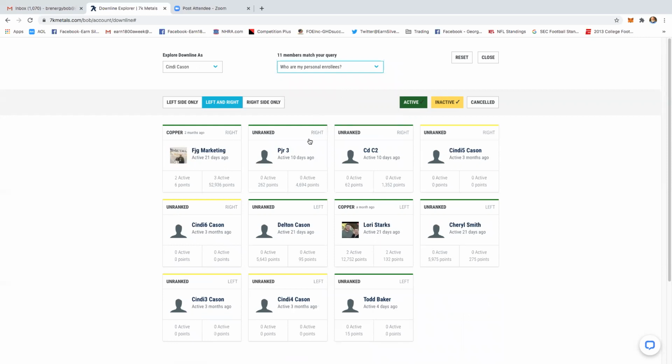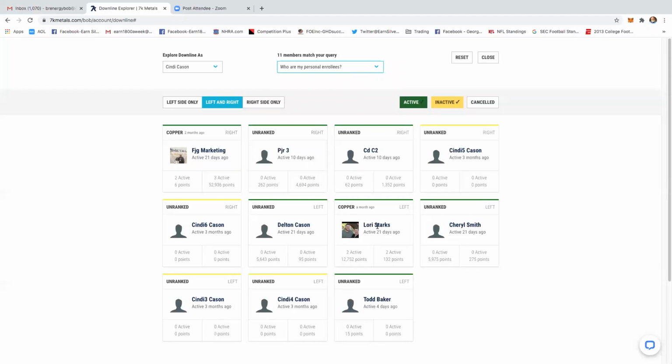That's why you don't give away people who are strong and who's going to rank up. You don't give them to other people and let them rank up with them. Now, she's got FJG marketing as a copper on the right, and John and Lori Starks as a copper on the left.